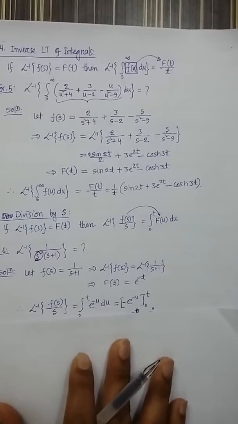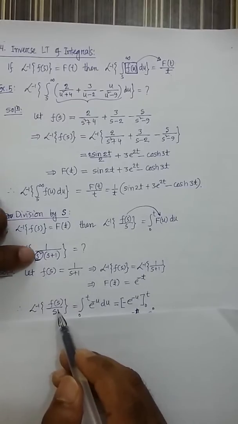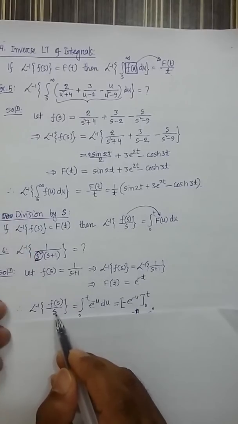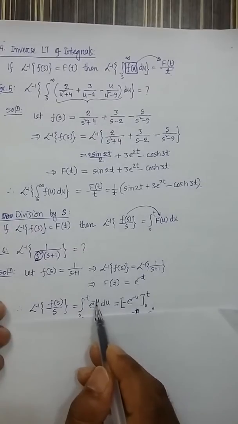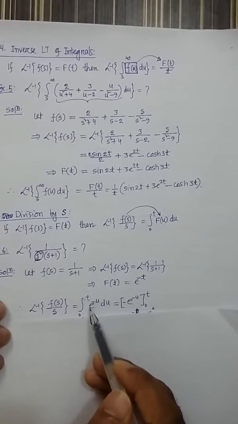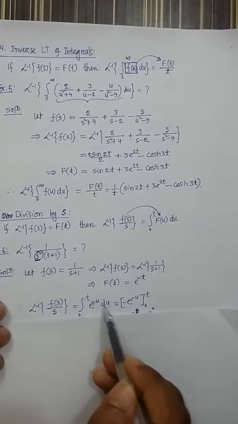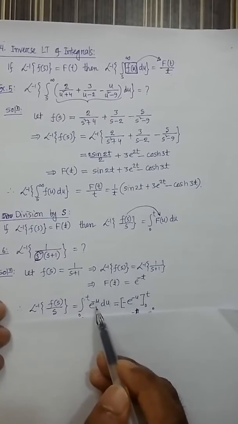According to the property, since there was s square, first we will work for a single s, that is f of s by s, which will be the integral from 0 to t of e to the power minus u du. We will have to replace this t by another variable. You can write u, x, v, y, whatever you like except t and s.